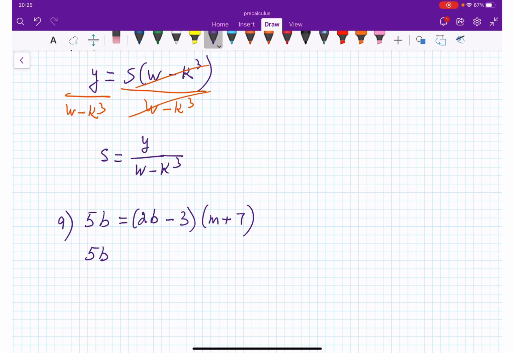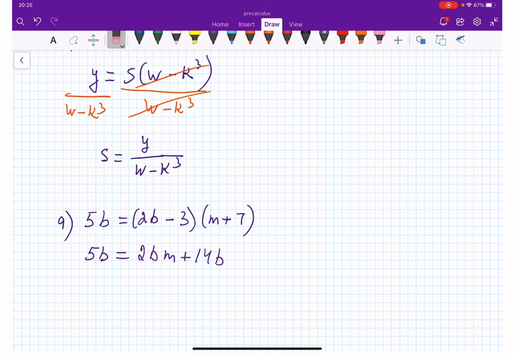5b is equal to, so 2b times m, it's going to be 2bm, and then 2b times 7, it's going to be 14b.